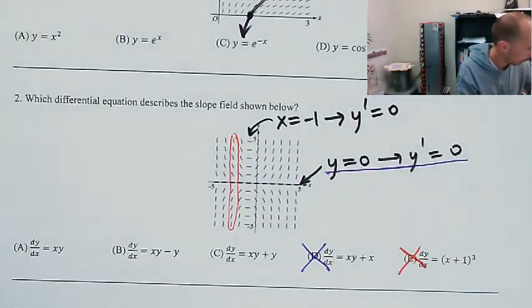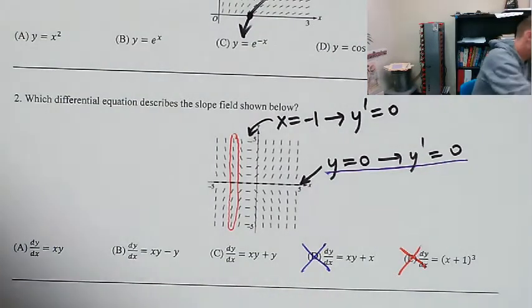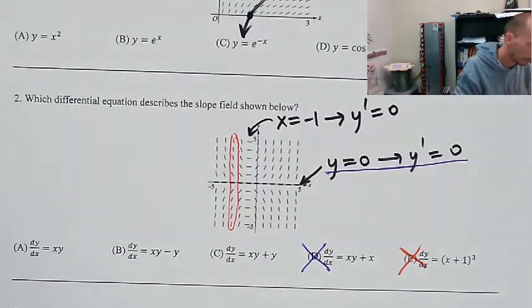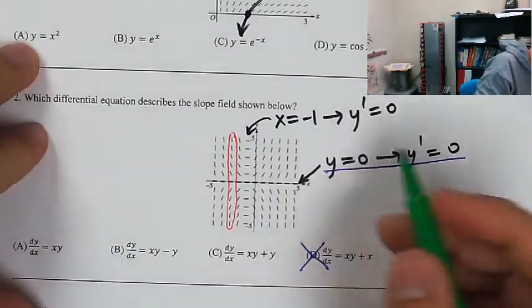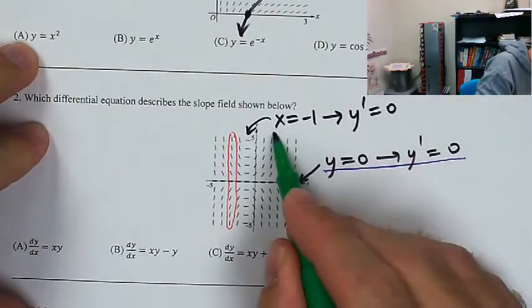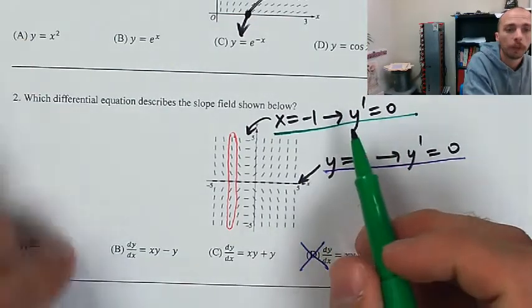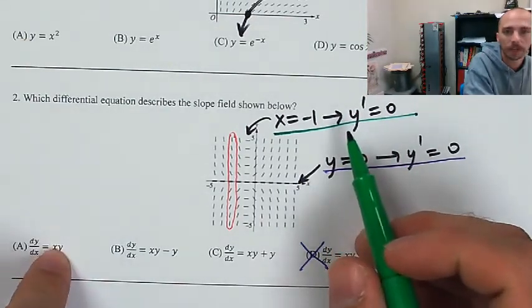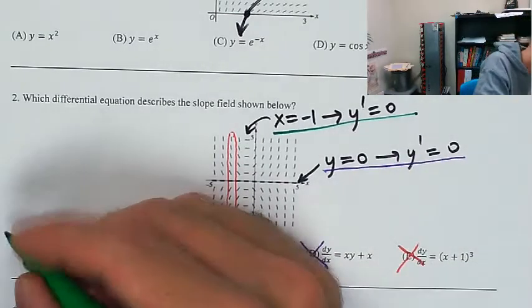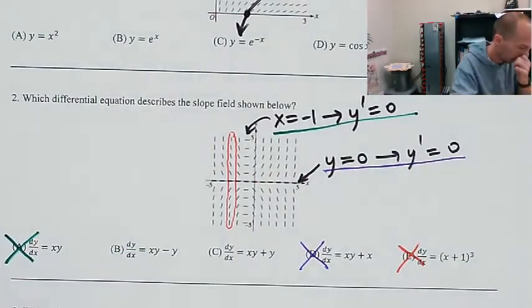I'm going to need green or something. Then from there, if x equals -1, y prime has to be 0. So if x equals -1, dy dx equals -y in answer choice A, and that's not guaranteed 0, so that's not going to get the job done.